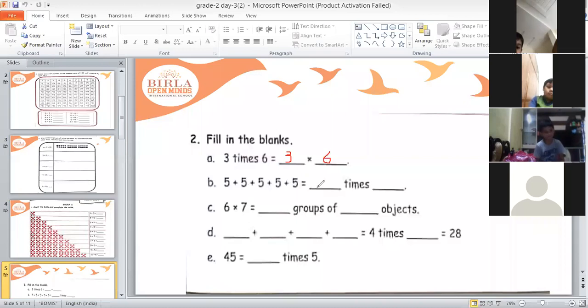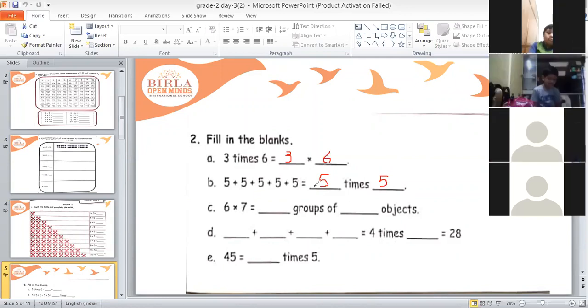So we will write here 5 times 5. This means we are repeating number 5, how many times? 5 times.